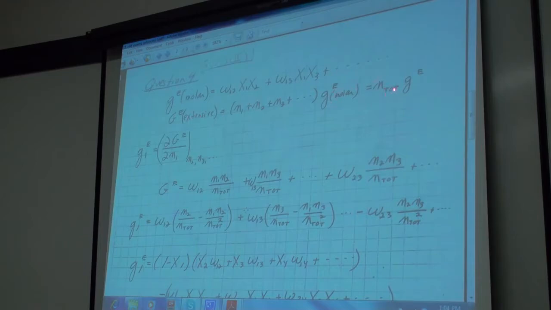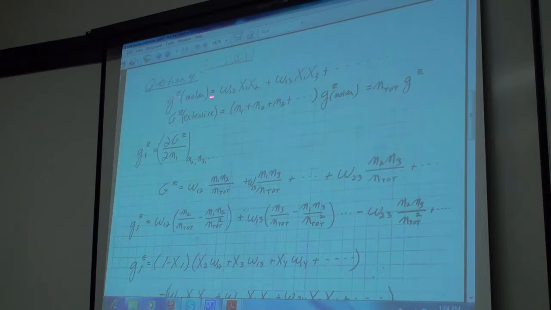So N total is just the sum of all the numbers of moles. And G excess of 1 is the derivative of the extensive G excess, not the intensive, but the extensive, with respect to N1, keeping all the others constant. So these are the main expressions you've got to use. The rest after that is just mathematics.